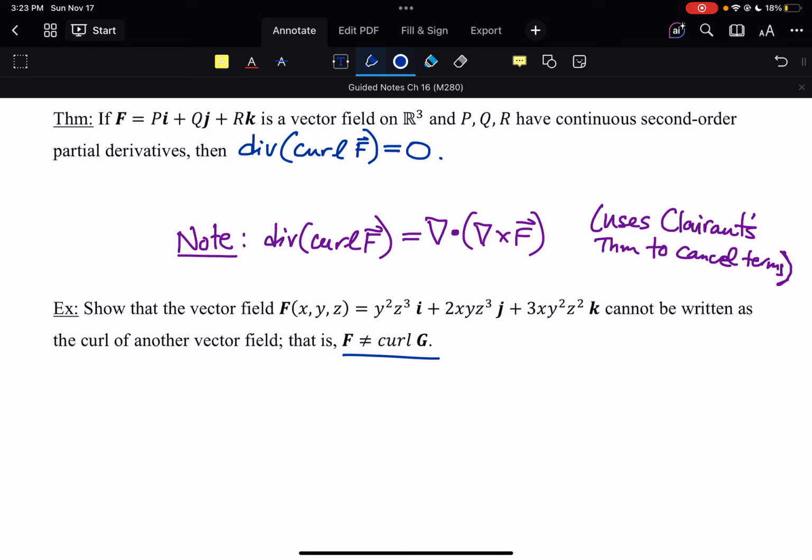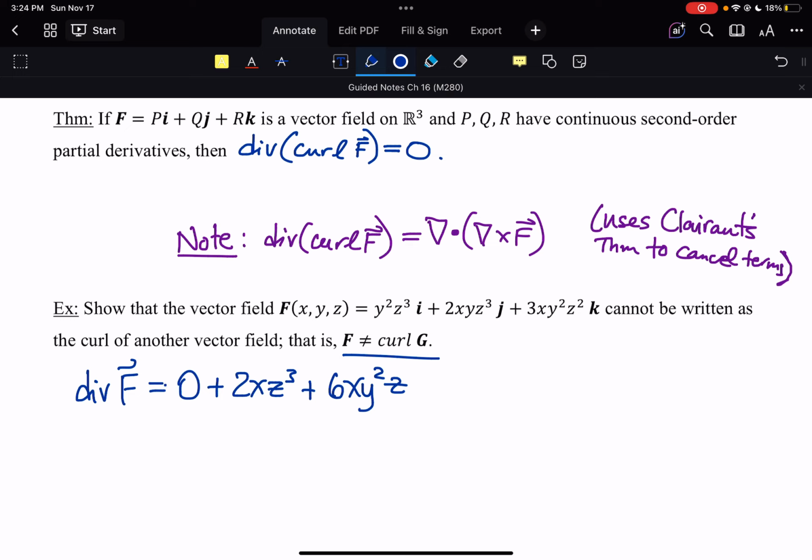For this one, let's go ahead and take the divergence of F. We're going to get the partial with respect to X of this, so that's 0, plus the partial with respect to y of this, so that's 2xz cubed, plus the partial with respect to z of this, that's 6xy squared z.